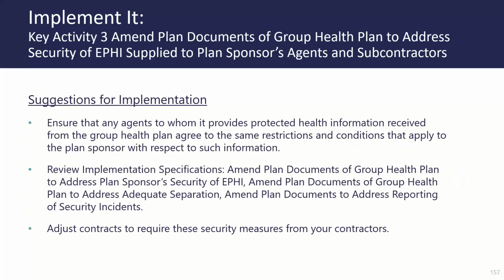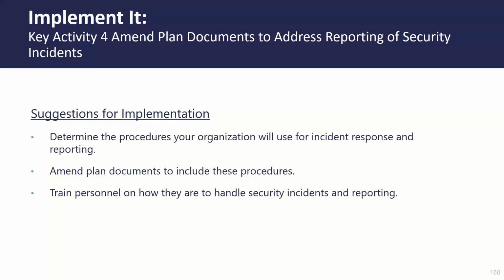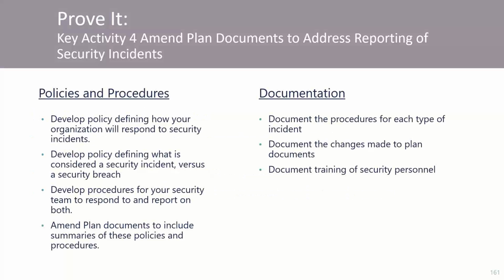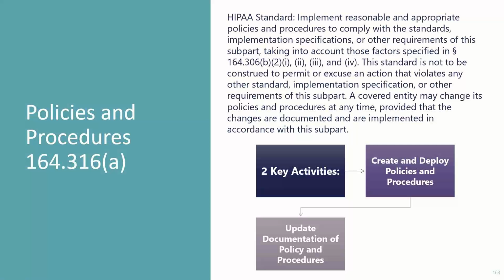So those are the kind of things that we do have in the security rule. And again, we've come back to the security incidences. Now, they also have policy and procedures in the security rule. Anything that we talked about should have a policy and procedure to go with it.